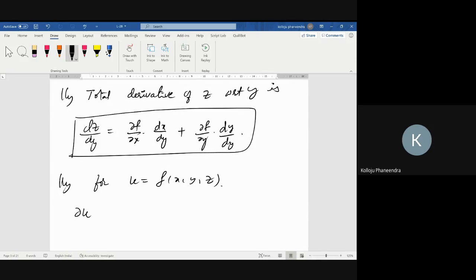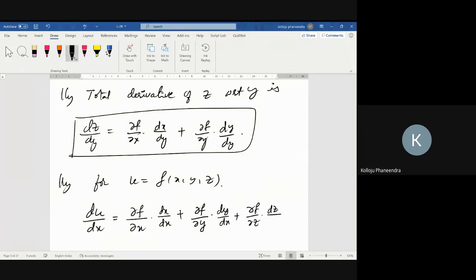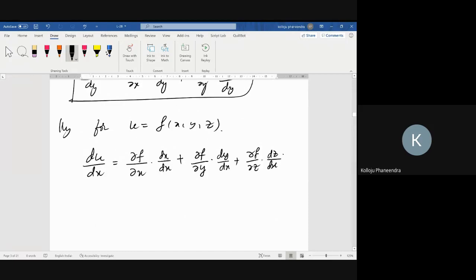The total derivative of u with respect to x is dou f by dou x into dx, actually dx is there, divided by dx, plus the next partial derivative of f with respect to y into dy by dx, next f derivative with respect to z into dz by dx.